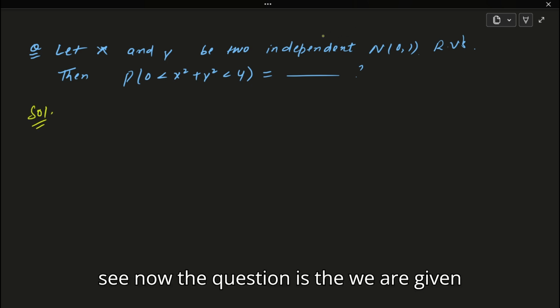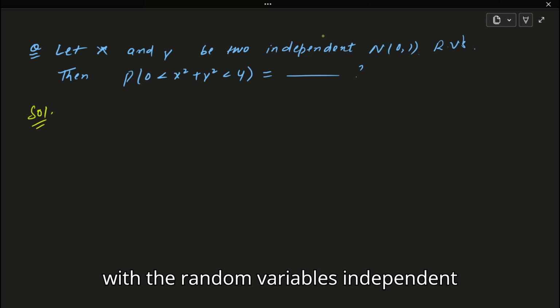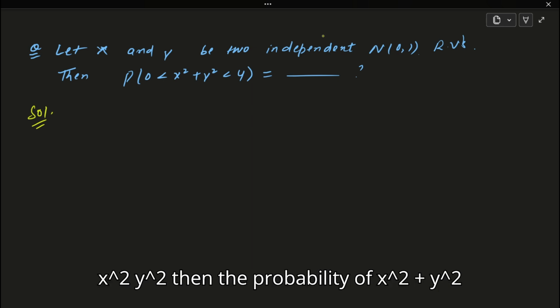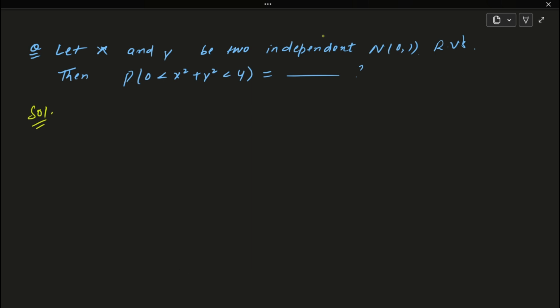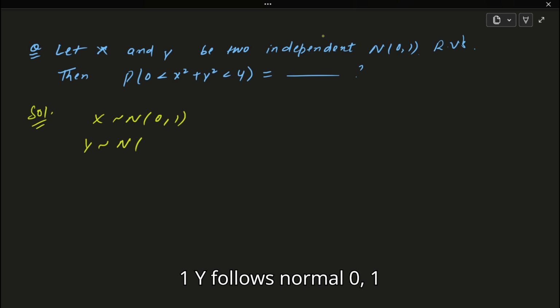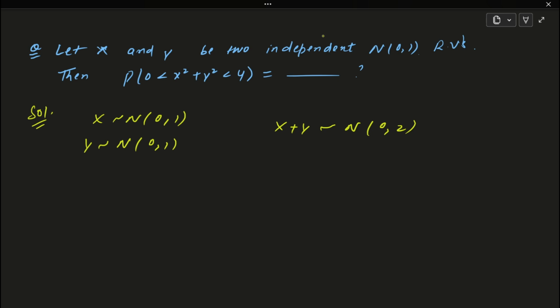Now the question is, we are given independent random variables x and y from the normal distribution. Then we need to find the distribution of x square plus y square. As you know, when x follows normal 0 comma 1 and y follows normal 0 comma 1, x plus y follows normal 0 comma 2. Clear? Now (x plus y) divided by under root 2 follows normal 0 comma 1.